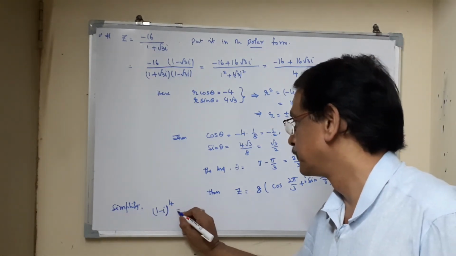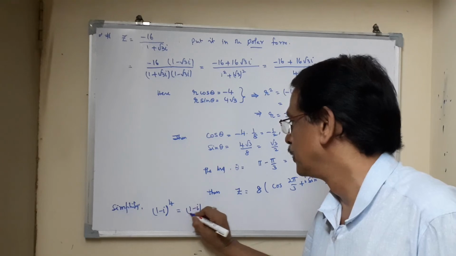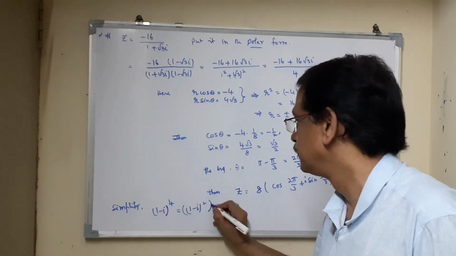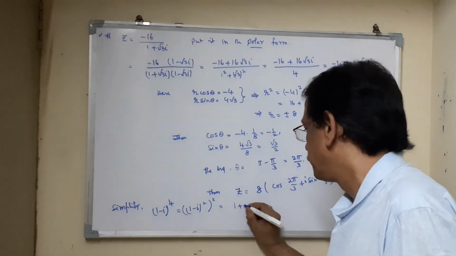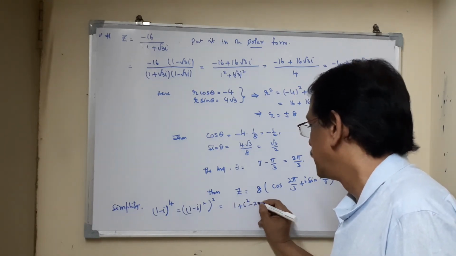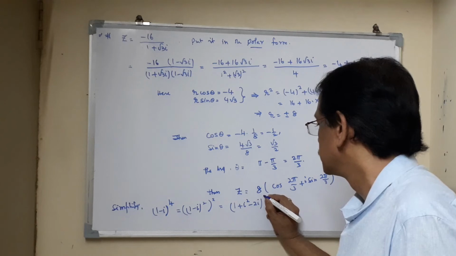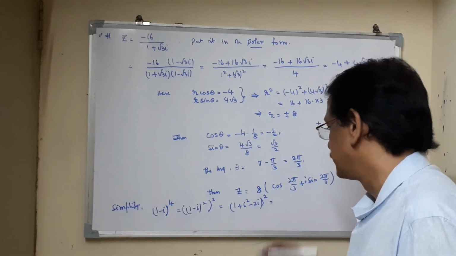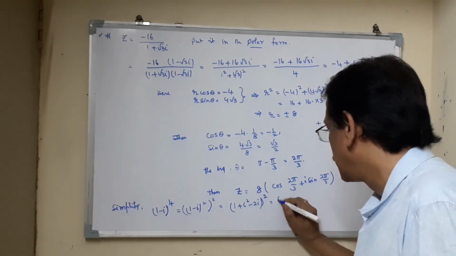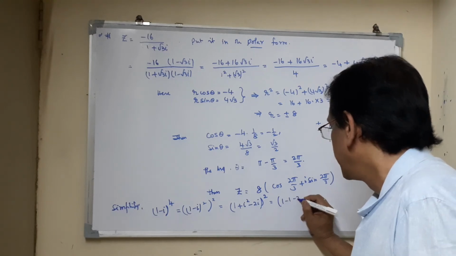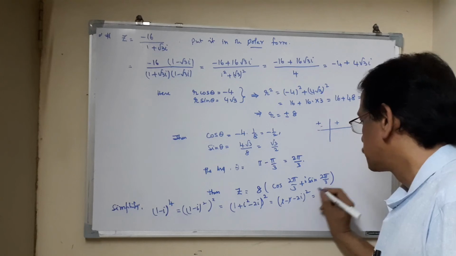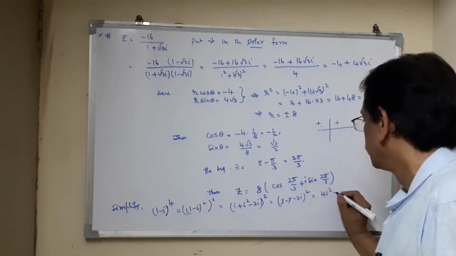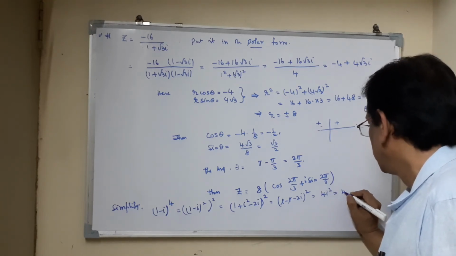One is (1 minus i) whole square, which is equal to 1 plus i square minus 2i, whole power 2. I square is minus 1, so I'll get (1 minus 1 minus 2i) whole square, that is (minus 2i) whole square, which is 4 i square, that is minus 4.